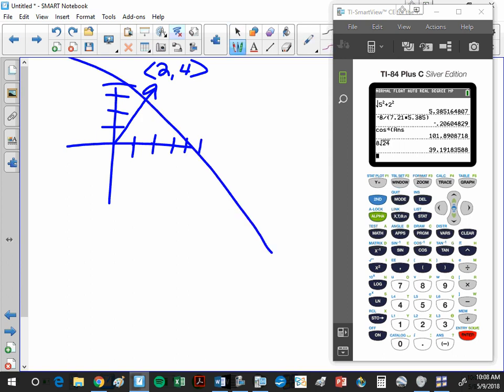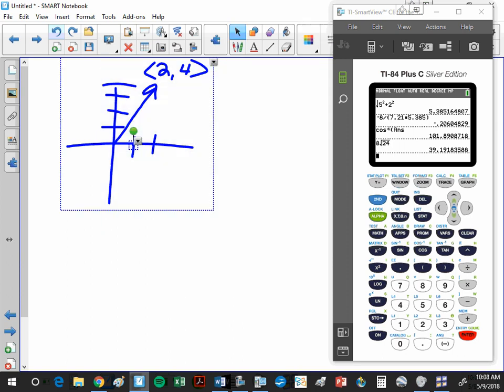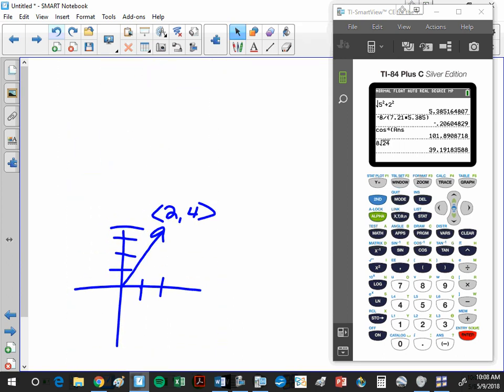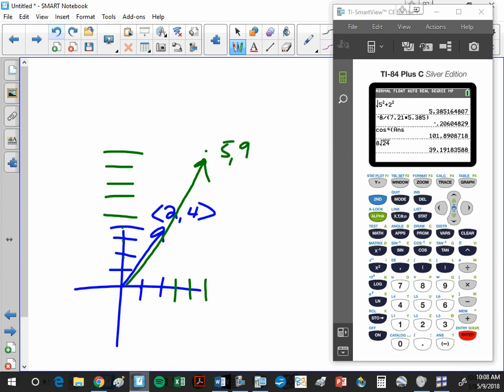So 5, 9. I'm pulling in almost the right direction. How do I find the amount of work done?